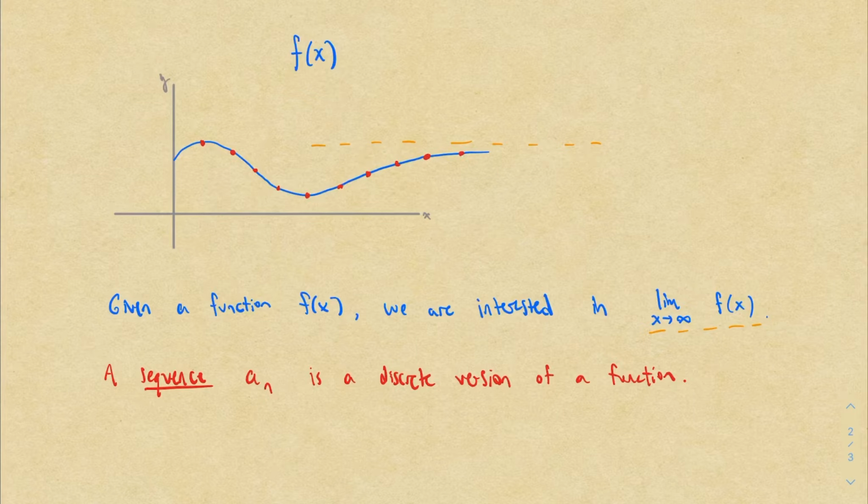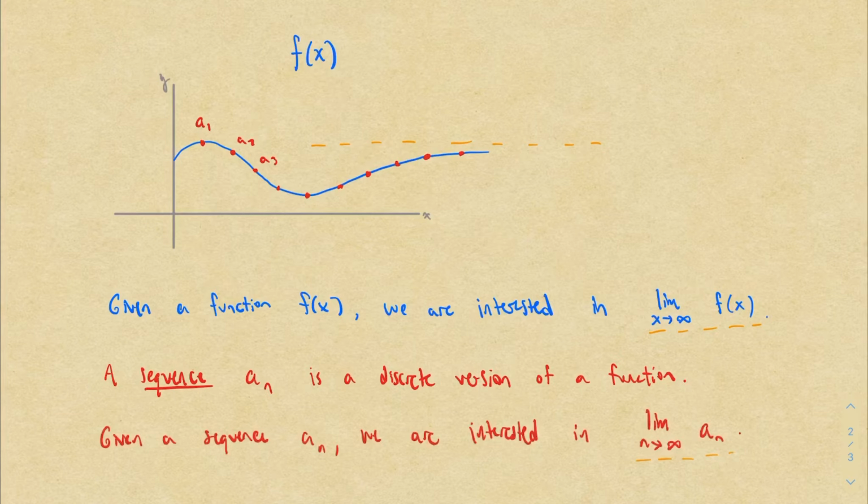I'll define this more precisely in a second, but it corresponds to a list of numbers, and I call that list of numbers a(n), where a1 is the first number, a2 is the second number, a3 is the third number, etc. On my picture, a1 would be the height of the function at this dot. a2 would be the corresponding height for the second dot, and so on. Given a bunch of dots like this, I can ask the same question that I did about a function. What is its limiting behavior? As I send n to infinity, do the dots approach anything?